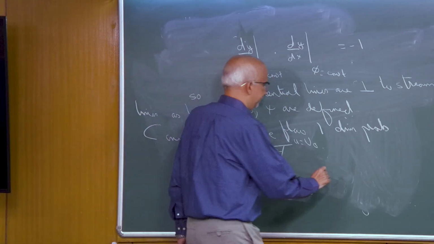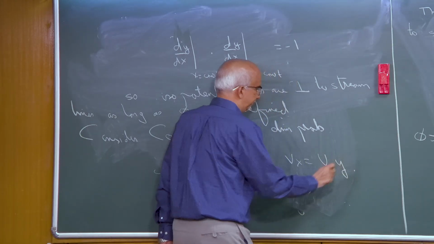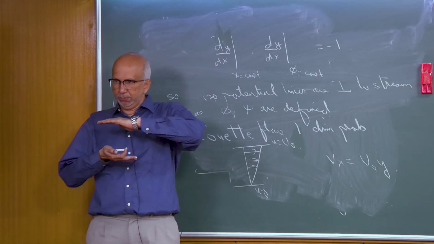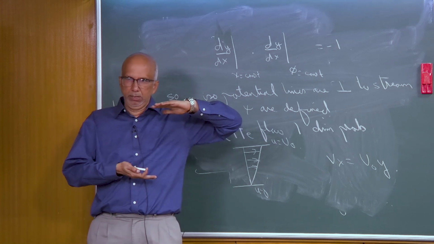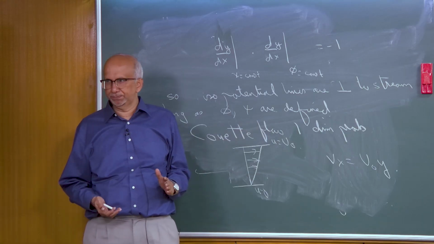So, Vx is equal to u naught y, okay. Flow between two parallel plates, lower plate is stationary, upper plate is moving at a constant velocity, and what is established is this thing, there is no pressure gradient.